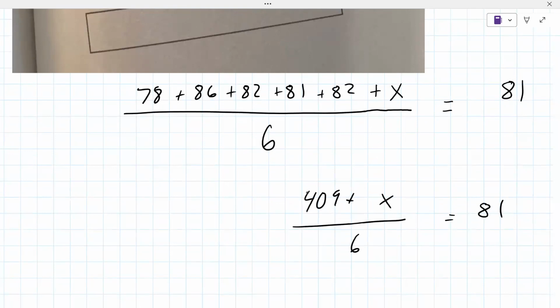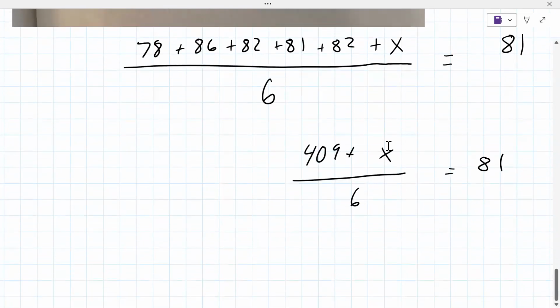So what I want you to do here is pick a number for X, like I don't know, pick 81, for example, and take 409 and add 81 and then divide by 6. 422. Okay, you have to add first, then divide.